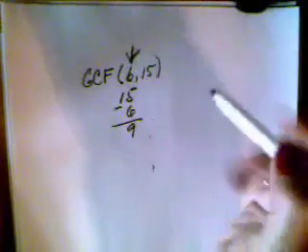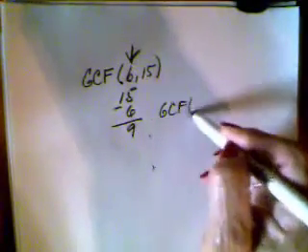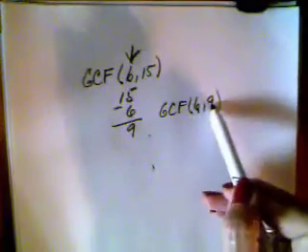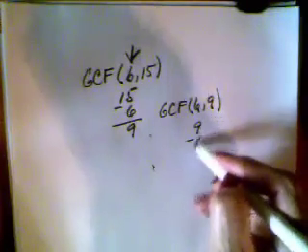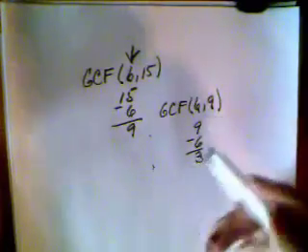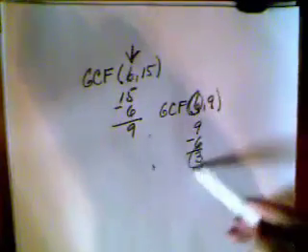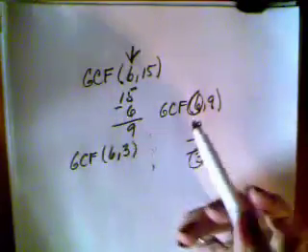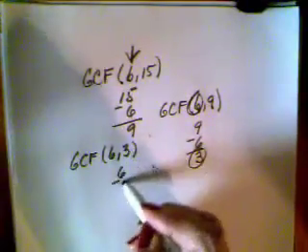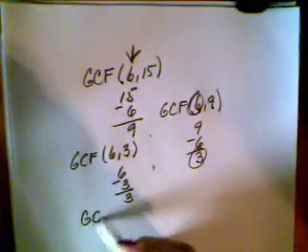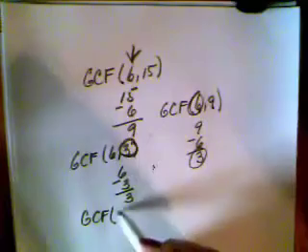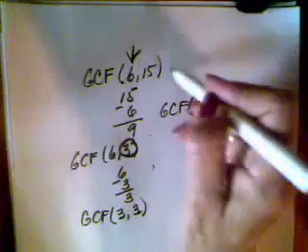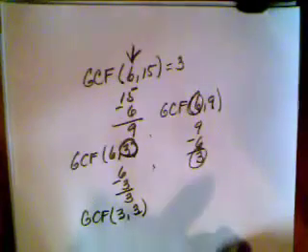So I take the smallest, and now I'm looking for the GCF of 6 and 9. So I'll subtract, and now I use 6 and 3. And now I'll subtract. I use the smallest and the difference, and as soon as they are the same, I know I've found the greatest common factor.